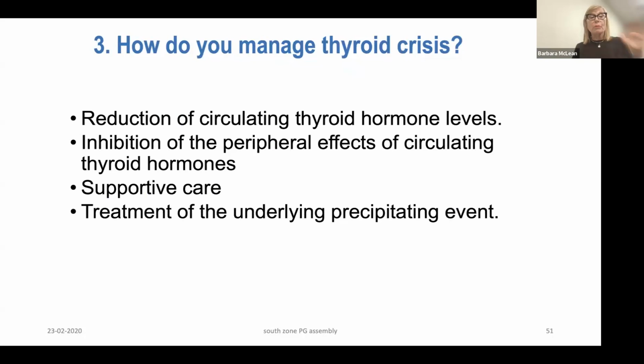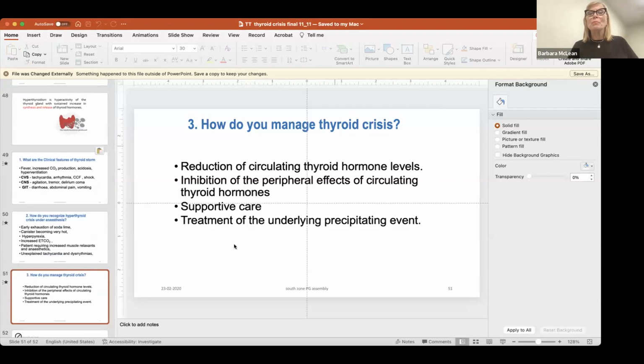Just remember, we're going to try to reduce your thyroid or functional thyroid hormones with our medical agents. And you're going to treat and protect your patients from their underlying symptoms.